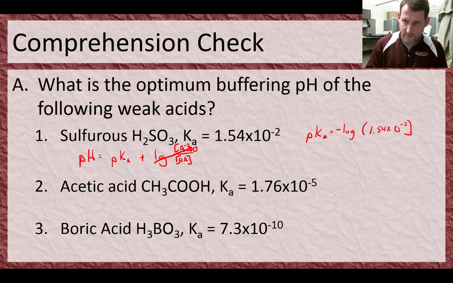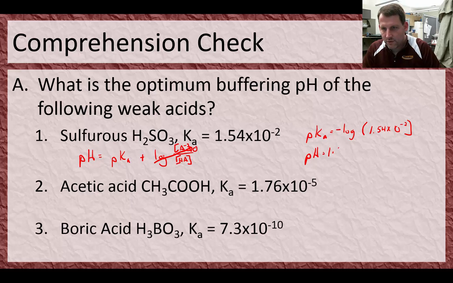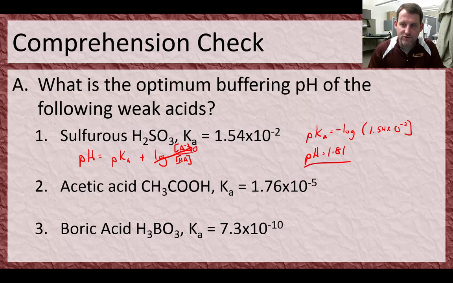So 1.54 times 10 to the minus 2, log of that is equal to 1.81. So the pH is equal to 1.81 if it's doing its maximum job. So the best pH that this can buffer is 1.81. If you want a buffer at like 3.7, you could make this into a 3.7 by adding a whole bunch of extra conjugate base, but then it's not going to be a very good buffer at that pH. So you really want to only use this particular acid when you're buffering at or around 1.81.